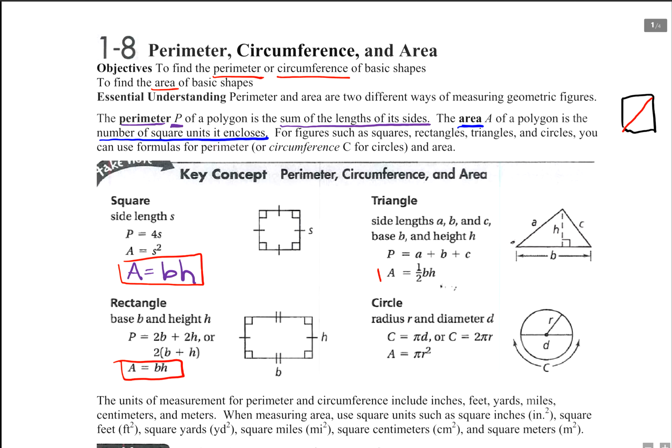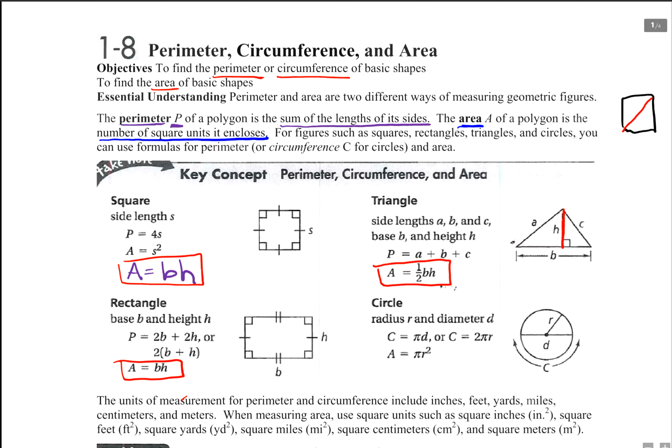So if you notice here, the area of a triangle is 1/2 base times height, which is why I'm telling you every figure we're going to do, and we're going to do more as the class goes on, every figure is some form of base times height. So thinking of area as base times height is going to benefit you instead of memorizing all of these different formulas.